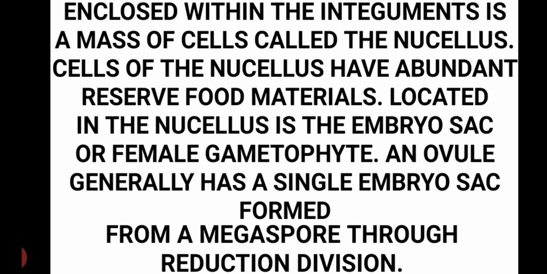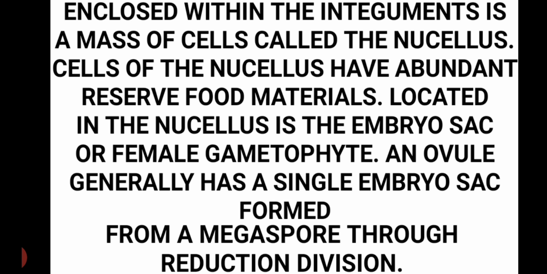Now enclosed within the integument is the mass of cells called the nucellus. Whatever portion is enclosed by the integuments, this central enclosed portion is known as the nucellus. It is a cell mass containing an abundant amount of food reserve material. And inside the nucellus there is an embryo sac, which we also call the female gametophyte.